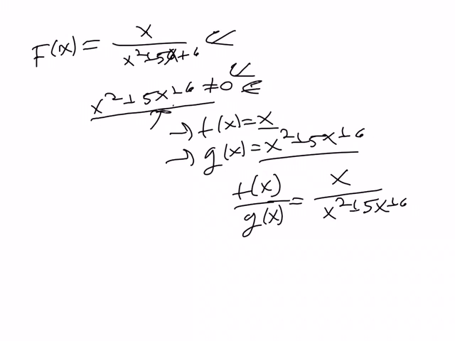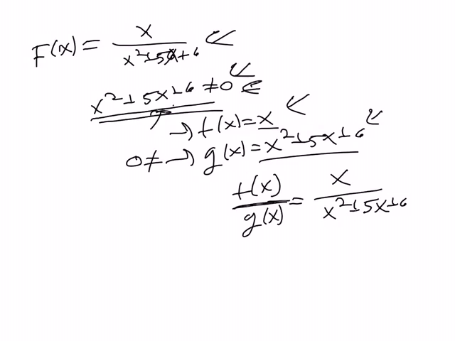So f of x and g of x are continuous individually. Then by Theorem 4 we can say that one divided by the other is continuous, provided that g of a does not equal 0. So we're choosing a's such that this is not equal to 0.